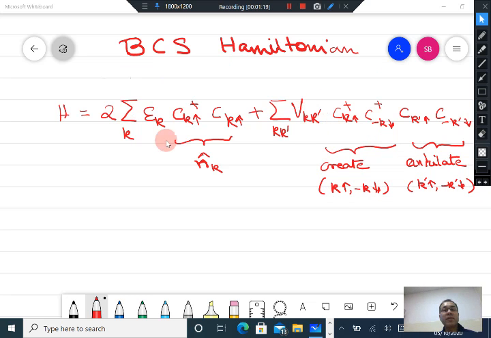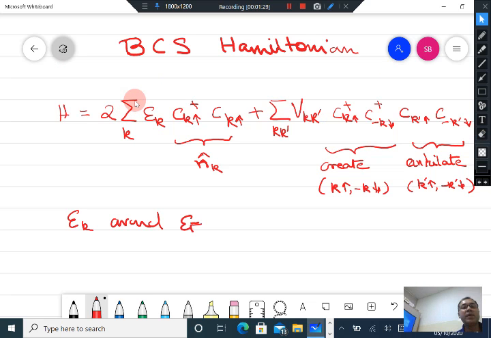So this is the basic form of the Hamiltonian, and we are going to consider energies Ek which are around the Fermi energy. We will consider energy states measured with respect to the Fermi energy.